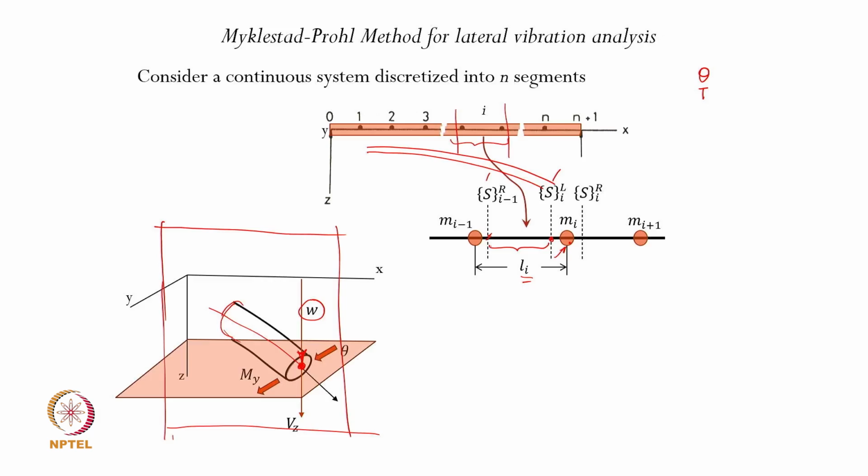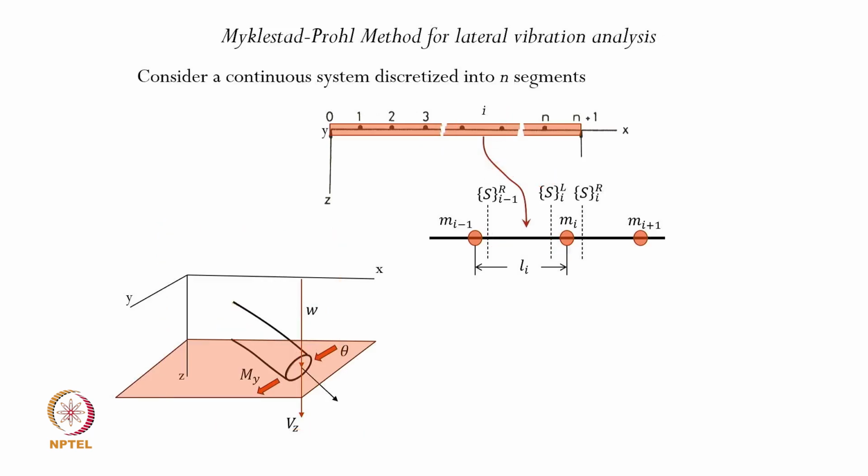The beam is of course bending in the xz plane. So W is the deflection at that point, theta represents the slope at that point, and then of course there are internal forces, the shear force and bending moment. Shear force being along the z direction, that is vertical force. We will follow some sign convention, the material sign convention.